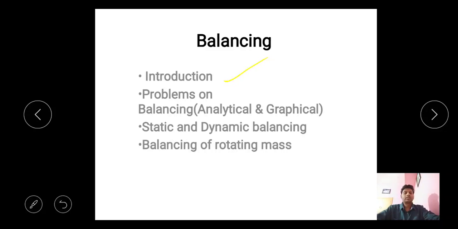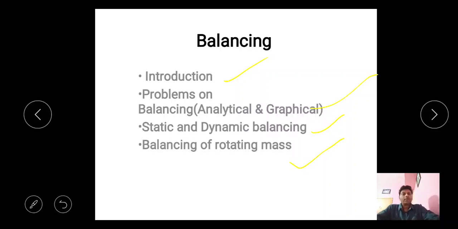Then we are studying problems on balancing, where there are two methods, one is graphical method and one is analytical method. Then we are studying what is static balancing and dynamic balancing. These are the last two theory parts, and balancing of rotating mass.